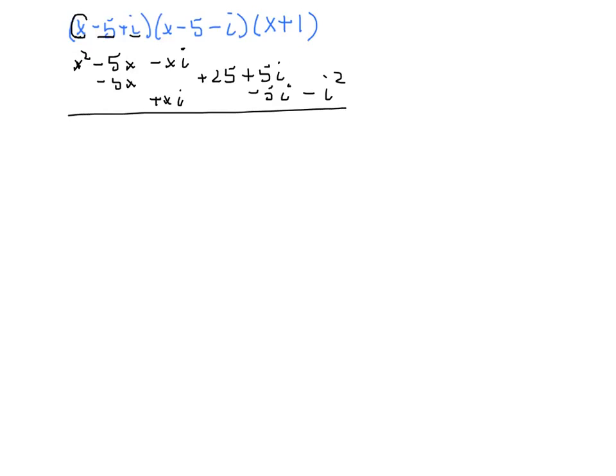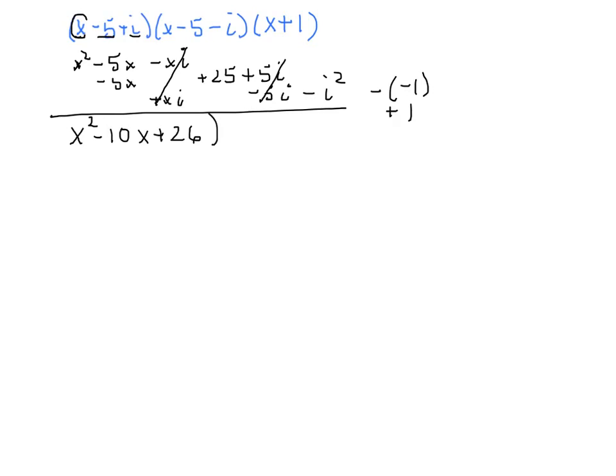So I'm going to combine my like terms. I have an x squared. I have a negative 10x. These cancel out. These cancel out. Remember, negative i squared means negative 1, which is really positive 1. So this is plus 26.